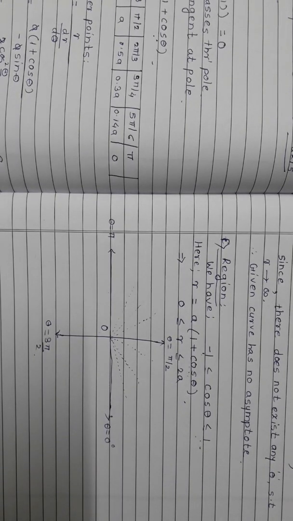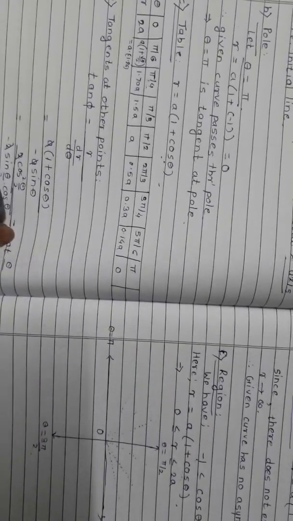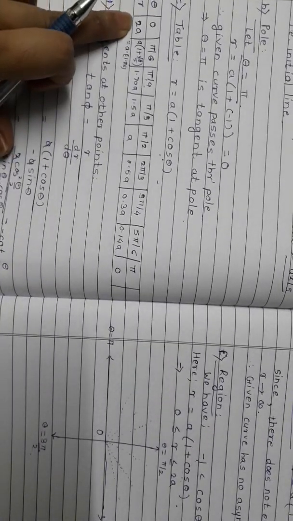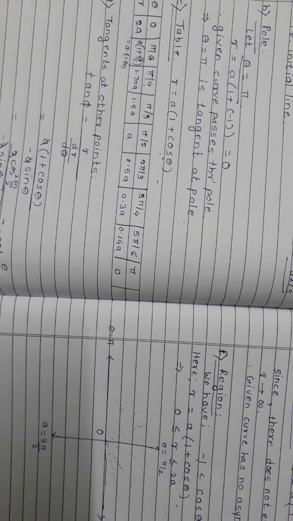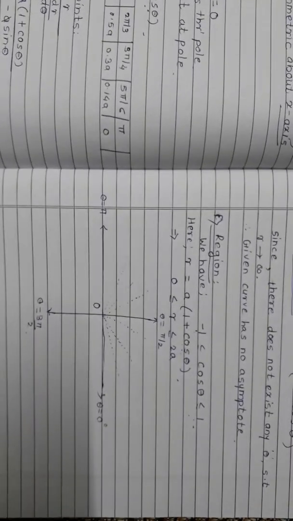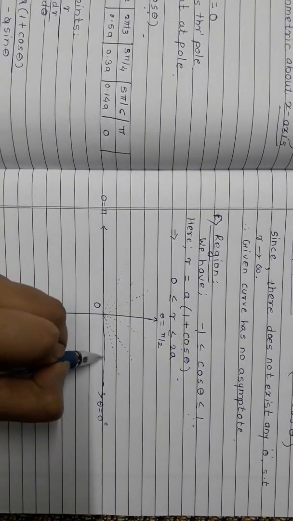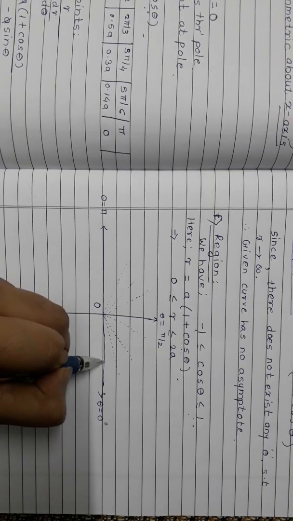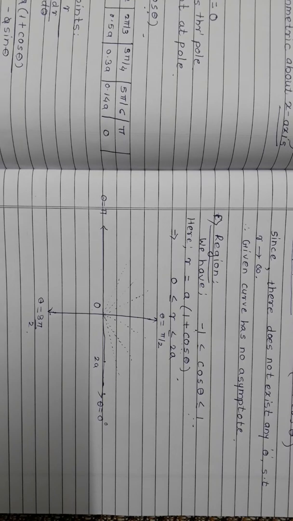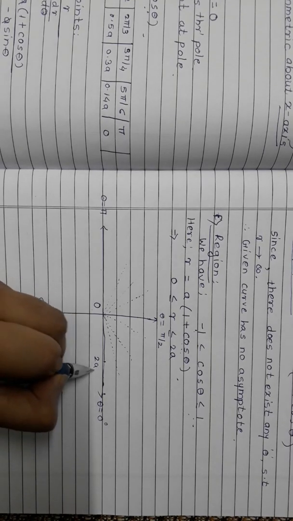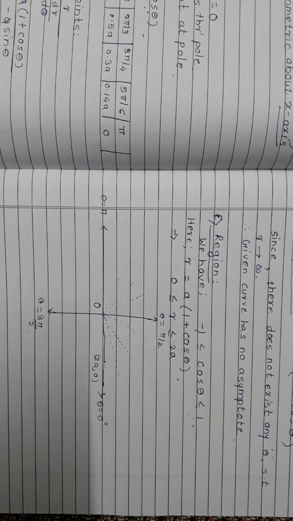So at 0, what is the value? At 0 I am having r is equal to 2a. So on the initial line at 0 I am having r is equal to 2a. So this is suppose the 2a point, right? 2a comma 0. Then what is the next?